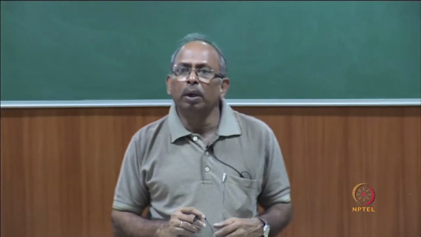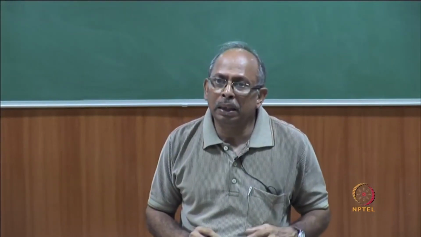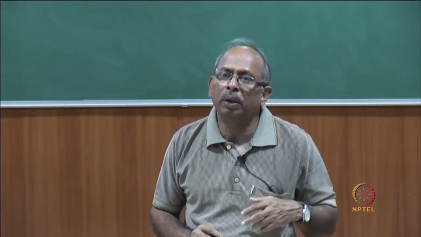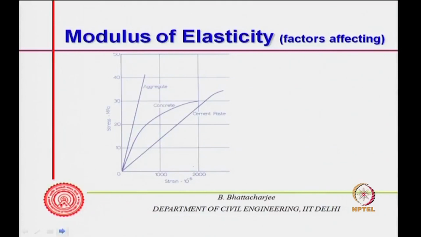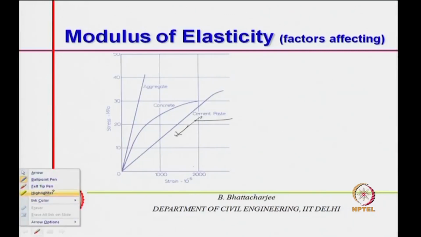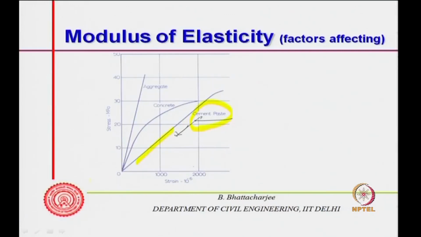So, now let us look at the modulus of elasticity in terms of the factors that affect it. First of all, you see here this is for cement paste, the stress strain curve of cement paste. This is the stress strain curve of aggregate, which generally would show something like that, and concrete shows a stress strain behavior of this kind.